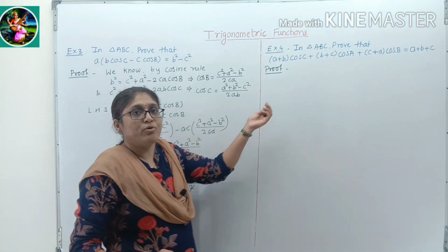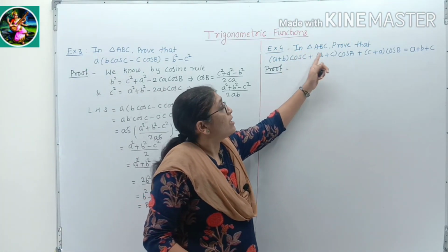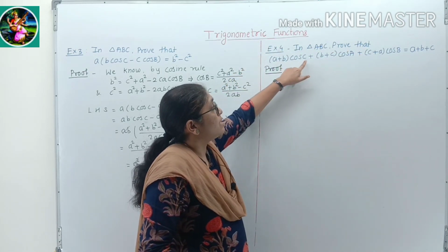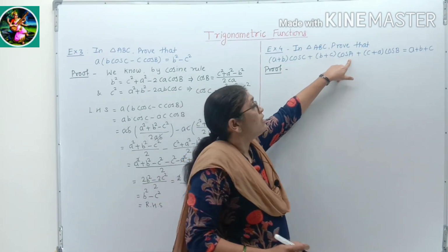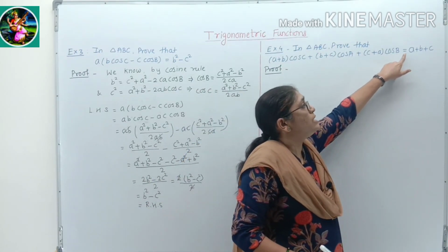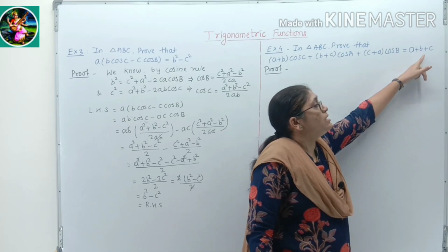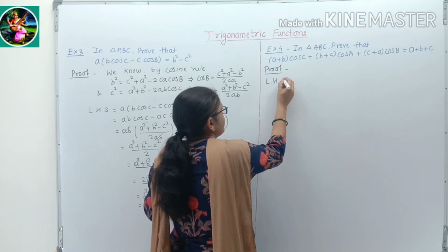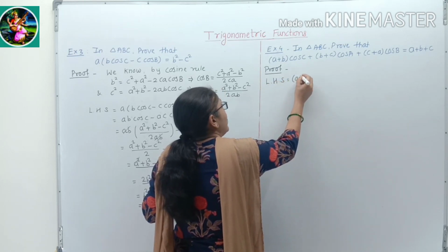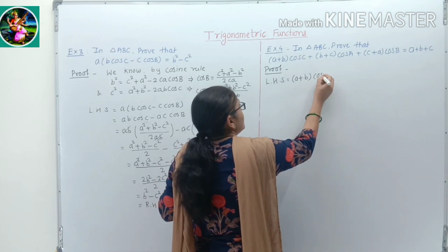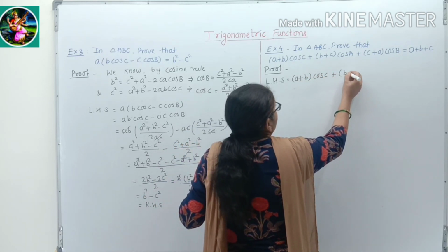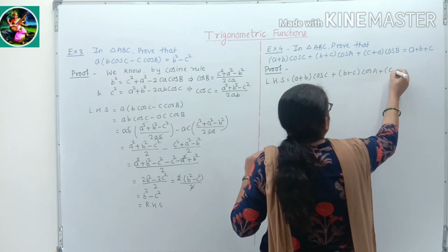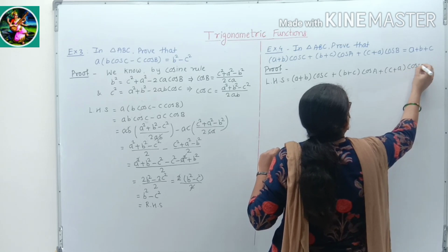Now one more proof is there: in triangle ABC, prove that (a plus b) cos c plus (b plus c) cos a plus (c plus a) cos b is equal to a plus b plus c. For that we consider its LHS, that is (a plus b) cos c plus (b plus c) cos a plus (c plus a) cos b.